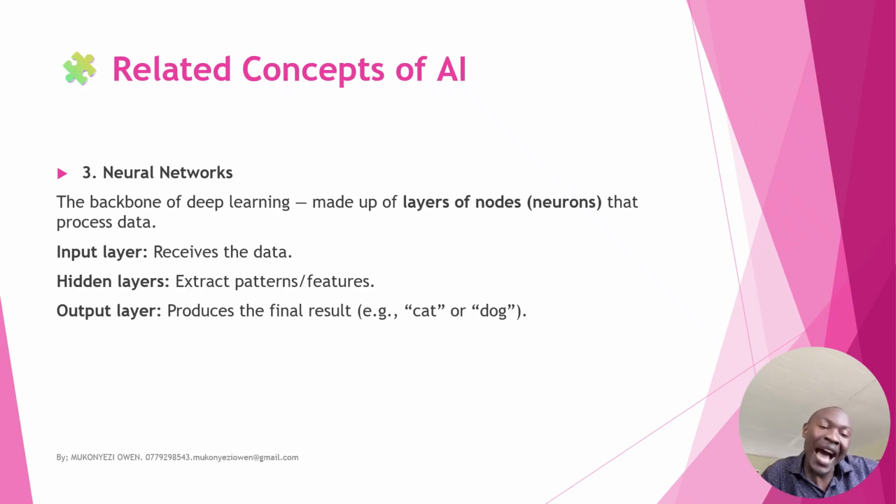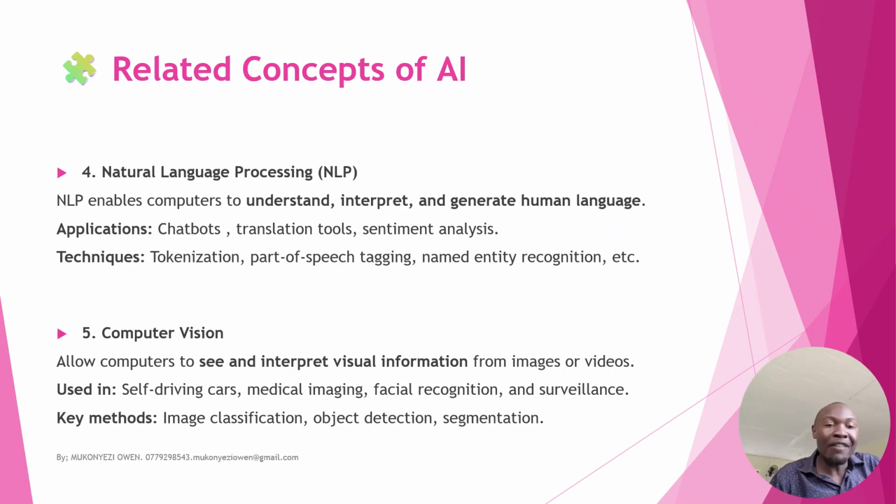And then there is the output layer, which produces the final result. It has received data, it has extracted patterns of the features, and now it is bringing the final result: this is a cat, this is a dog, this is a human being, this is a girl, this is a boy.